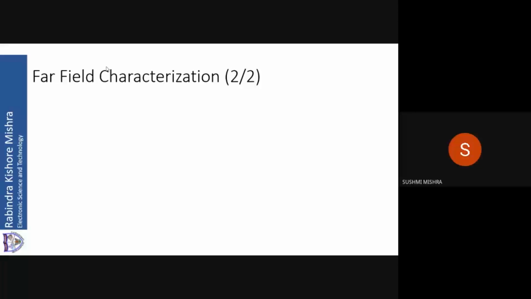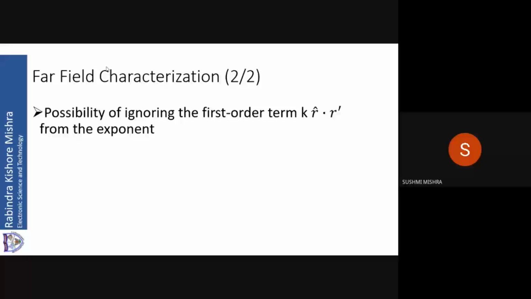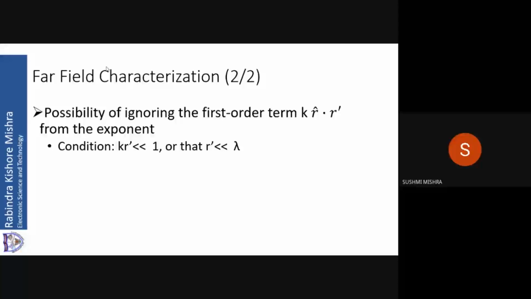With that knowledge, we will next see that we can easily ignore the first order term k r cap dot r dash from the exponent under a special condition. Up to now, we have taken in the exponent, in the numerator, e to the power jk r cap dot r dash, and we have neglected the second order and higher order terms.